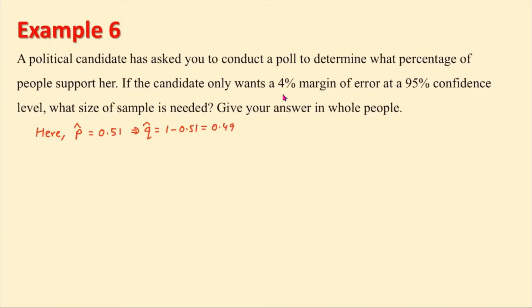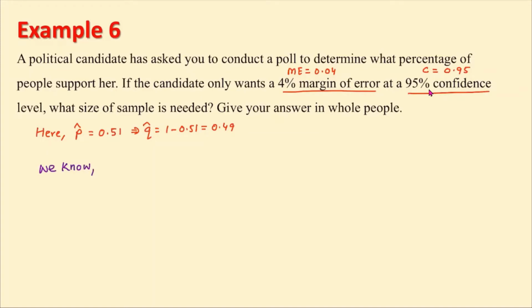If the candidate wants 4% margin of error, so here in the problem, they have given margin of error is 4% or 0.04. And we have to find the sample size needed for that survey at 95% confidence level. So C is equal to 0.95. Now, if you remember the formula for the sample size, this is what we have.